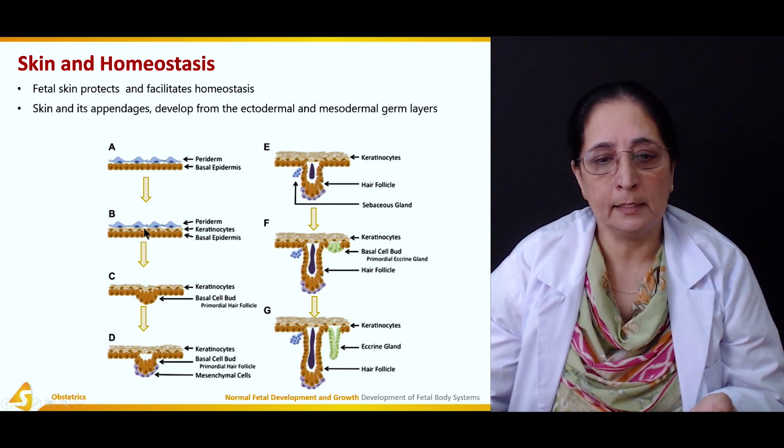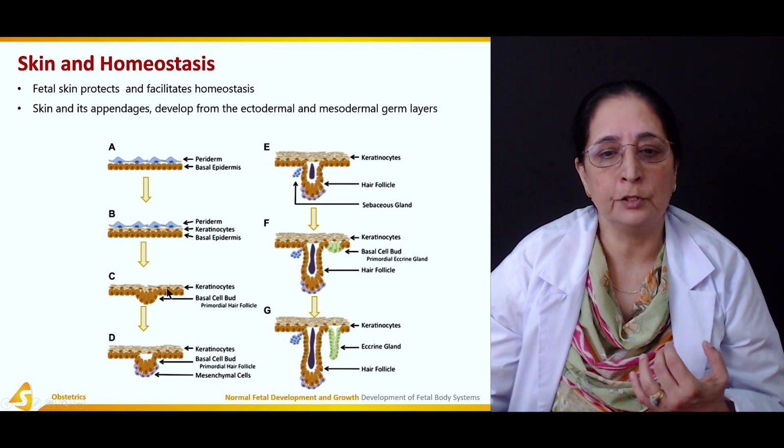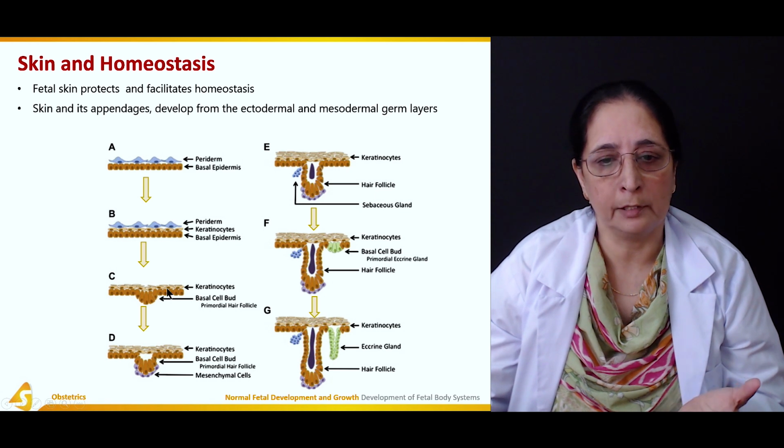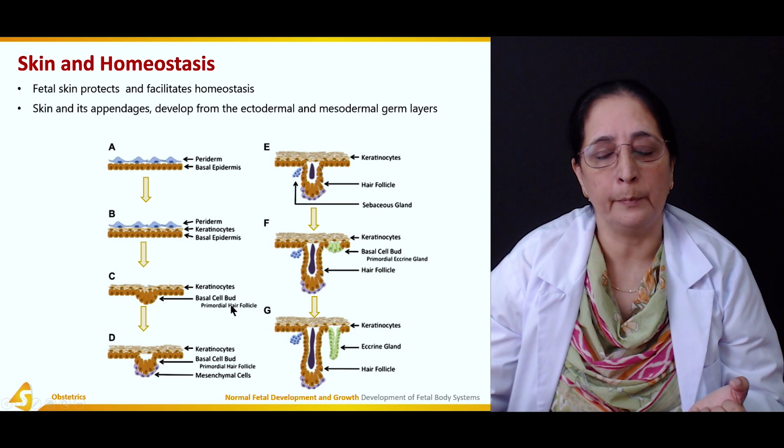Then in the third stage, the periderm is no longer present, the keratinocytes are increasing, and we have basal cell bud formation.